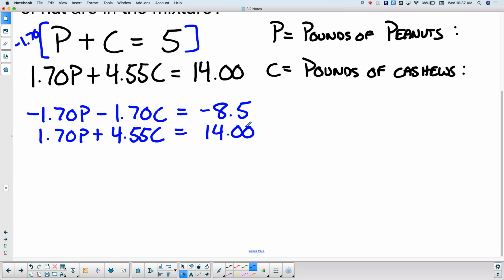That will then allow me to add them together. P's go away. 4.55 minus 1.7. 2.85. See?